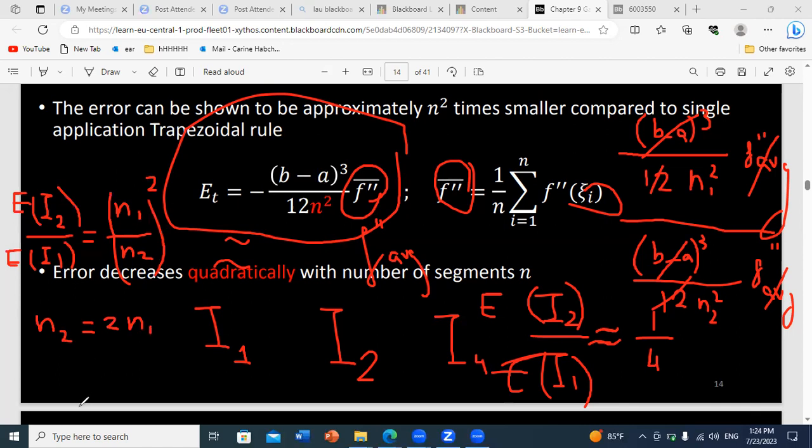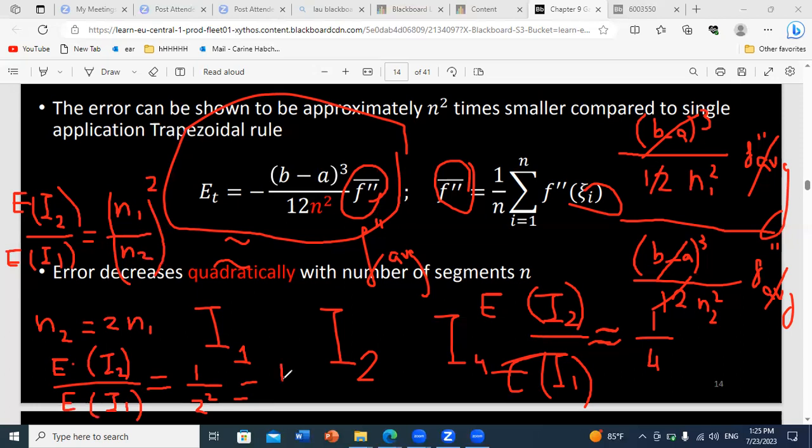Because if I replace here, I will get error of I2 over error of I1 equal to 1 over 2 squared, which is equal to 1 over 4.